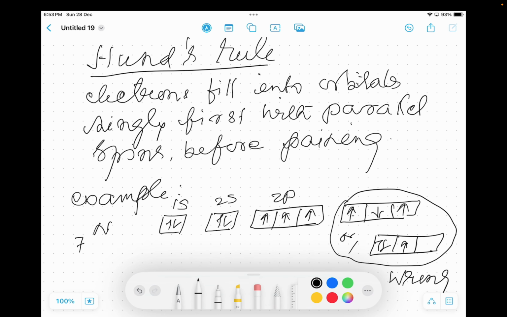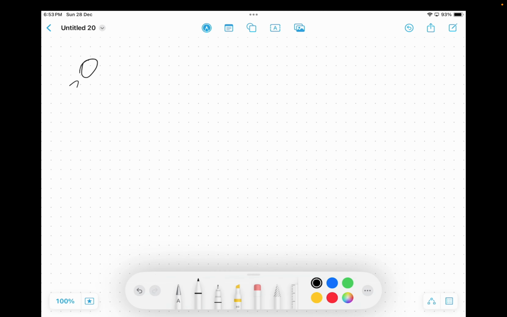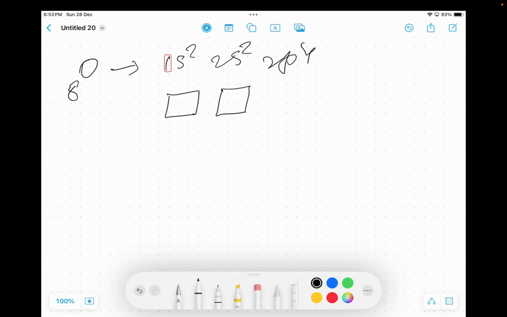Let us take some other example. Take the example of oxygen. Total electrons are 8. As we know, 1s2, 2s2, 2p4. So in box diagram method, 1s has one box, 2s has also one box, 2p has 3 boxes. 2 electrons in an orbital should be written in opposite spin according to Pauli exclusion principle.